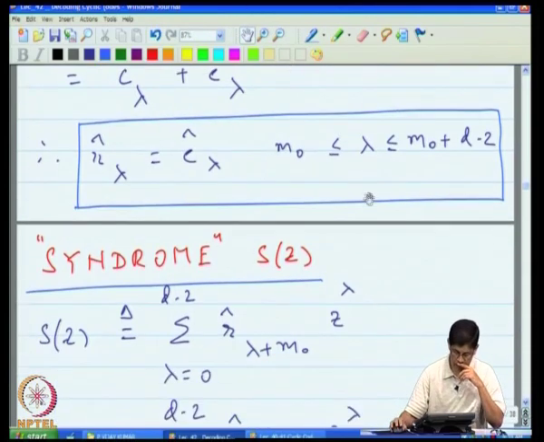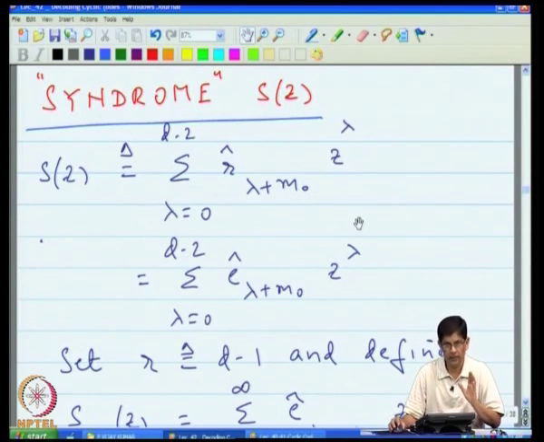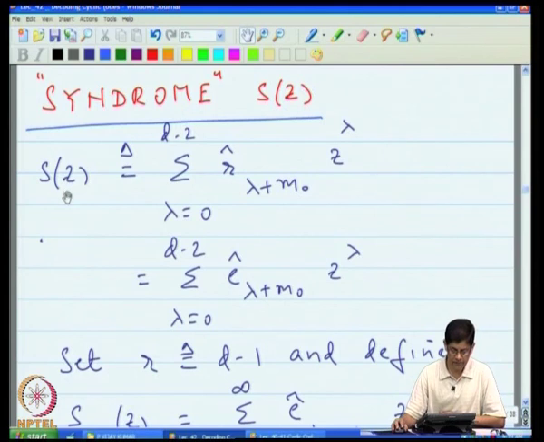Okay. So, here is how you do it. Now, we have defined the term syndrome earlier. This is a slightly different definition of the syndrome. In fact, they are equivalent, but for the moment let us just say that it is an equivalent syndrome and leave it at that. So, we define a polynomial S of z, which is the sum of r hat of lambda plus m naught, times z to the lambda.